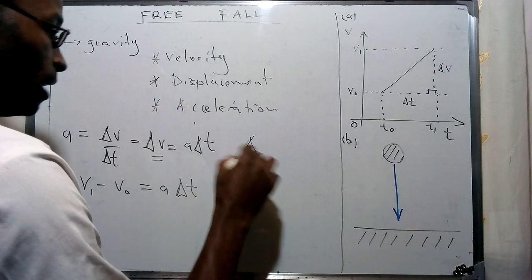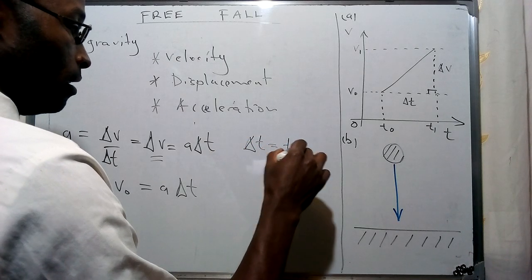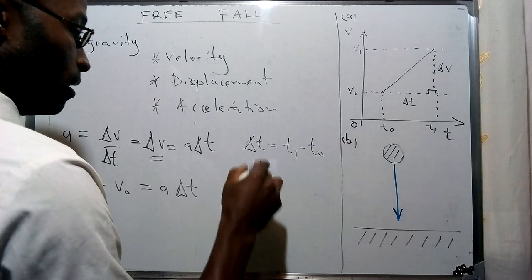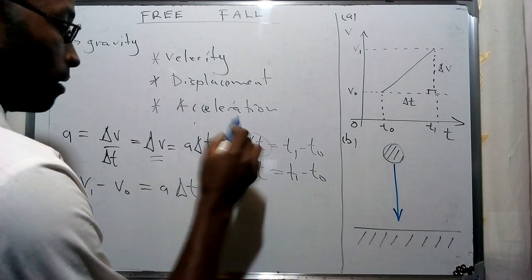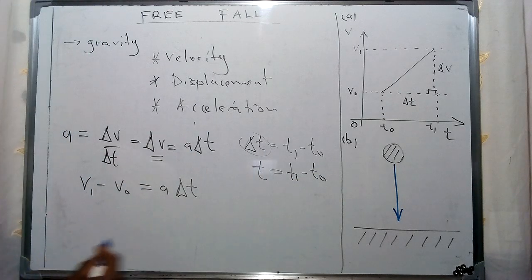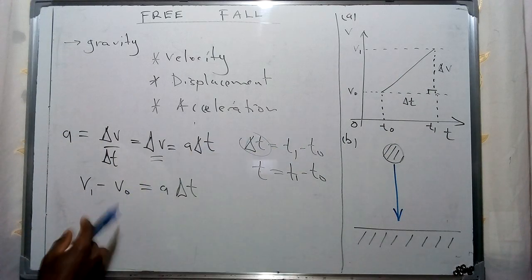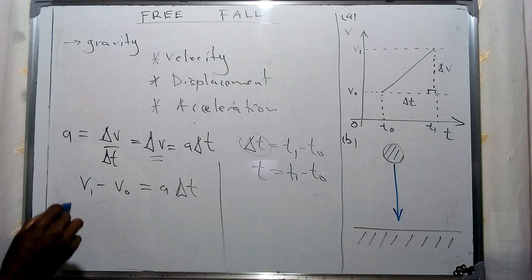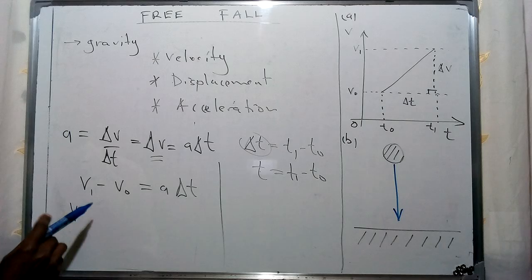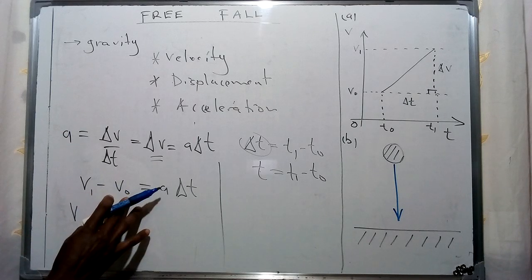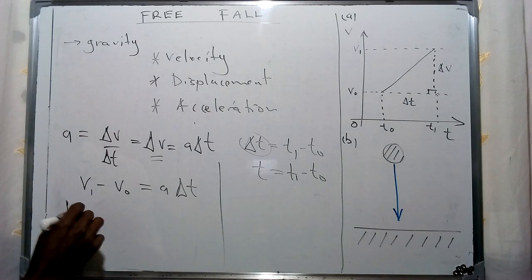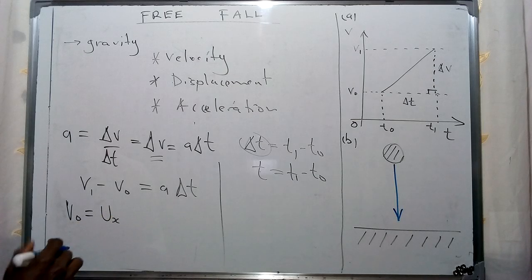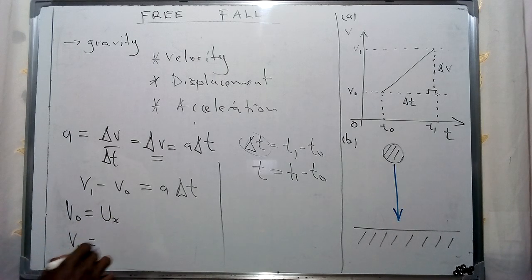So we're going to have delta t given as t1 minus t naught, but we can indicate this in terms of t, given as t1 minus t naught. So delta t can be given by this t. If we consider this specific motion in one direction, in the direction of x, then we can represent the initial velocity as ux and the final velocity as vx.